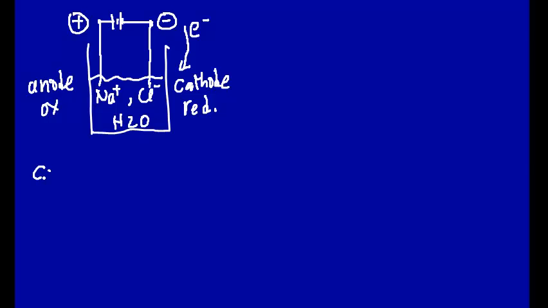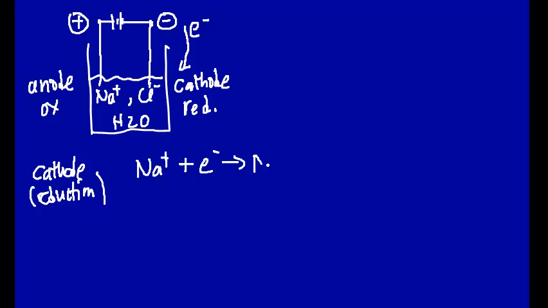Let's take the cathode first, where reduction occurs. So we said that we have two possibilities. Sodium will take an electron and make metallic sodium, which of course would then react with the water. And we can also reduce water. Let's write it this way. We're going to have H2O, and we'll put so many electrons on there.